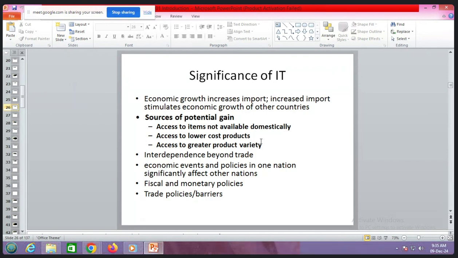Suppose the US economy grows every year; the GDP growth of the United States, for example, is 2.2%. Now, as I have already shown there, 10% of the world imports are coming only from the United States of America.